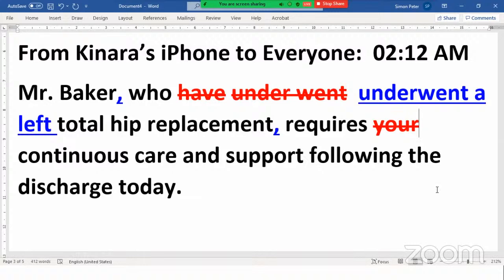Requires continuing care and support following the discharge today. That's fine.